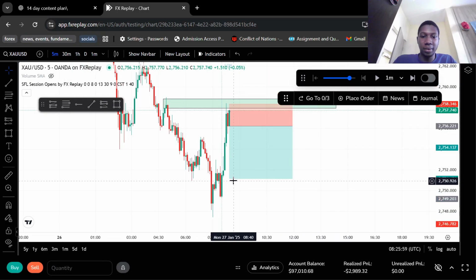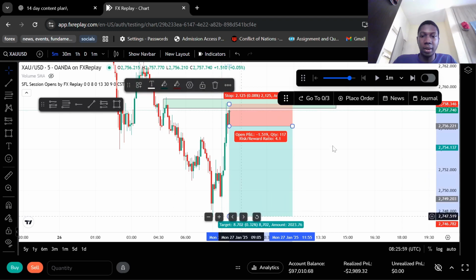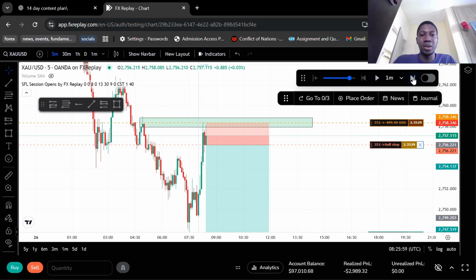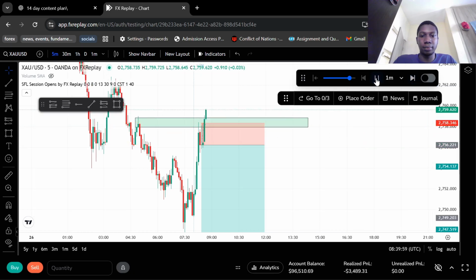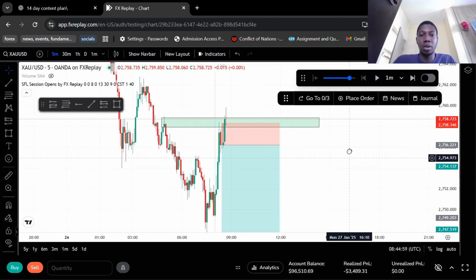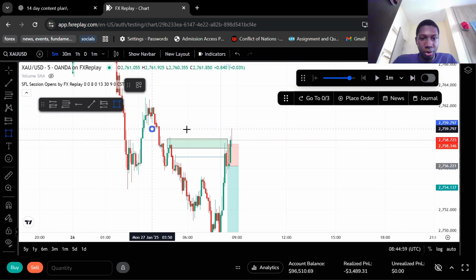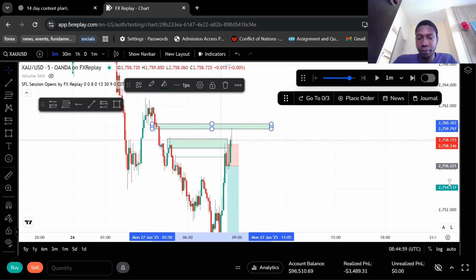But yeah, maybe I would have entered targeting the low. Probably going to be a straight loss. Yeah, a straight loss. Let's see if we can get a second trade off this demand zone here.